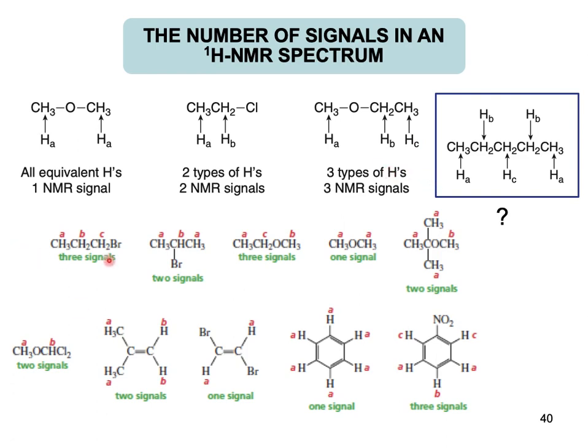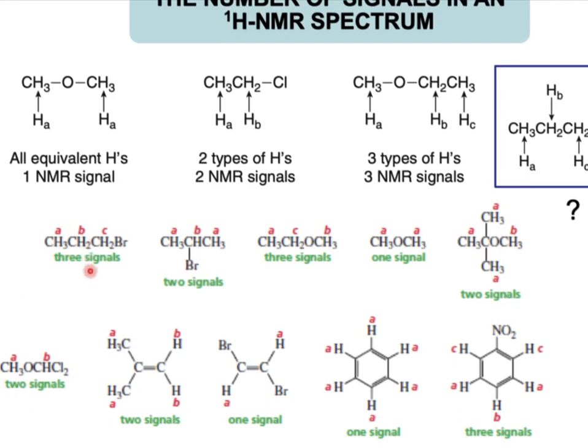In this compound, you can see three signals: one, two, and three, different types. This CH2 is attached to bromide, this CH2 is attached to CH2 and CH3, a different chemical environment, and this CH3 is attached to CH2 and the other three protons. That's why it has three different types of signal.